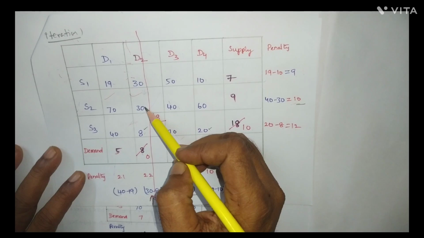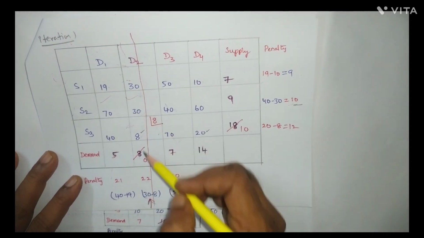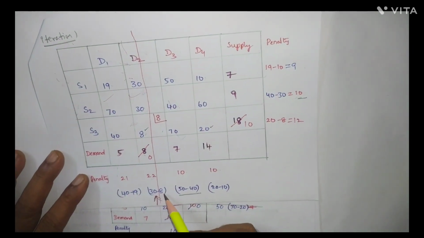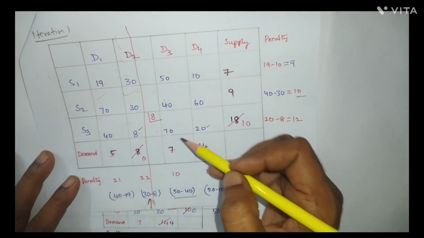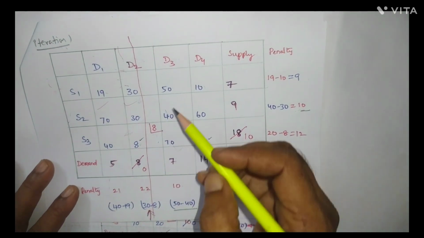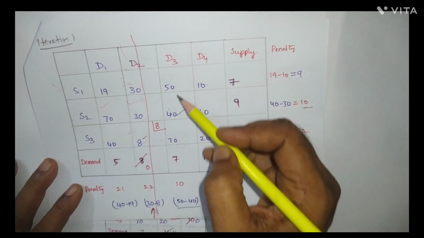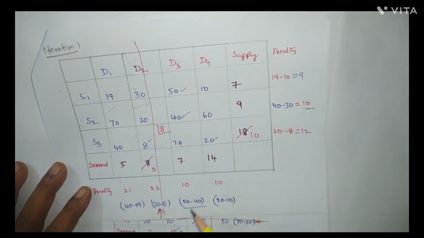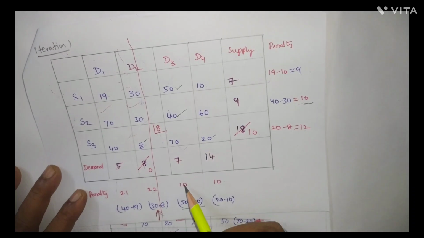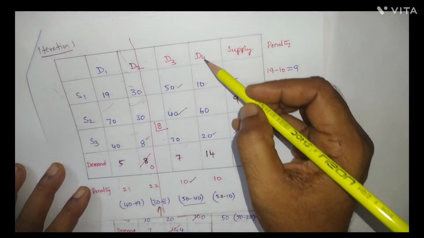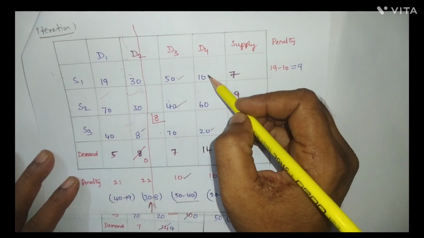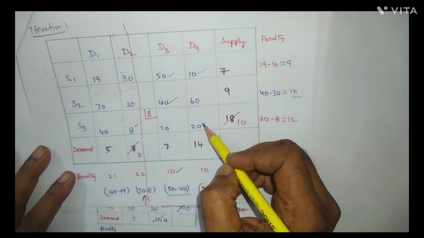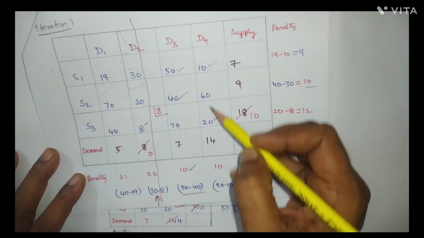The difference between these two values is 22. In the third column, the first minimum is 40, the next minimum is 50. 50 minus 40 equals 10. In the fourth column, the first minimum is 10, the next minimum is 20. 20 minus 10 equals 10.